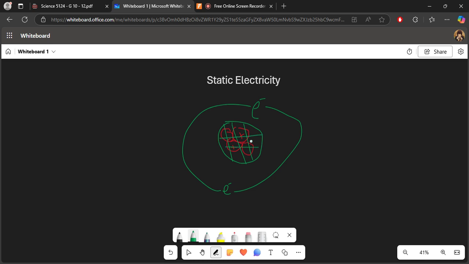So static electricity comes about because electrons move, not because protons move. That's one thing you need to understand. So if this is negatively charged and this is positively charged, it's because electrons move from here to here, not protons.